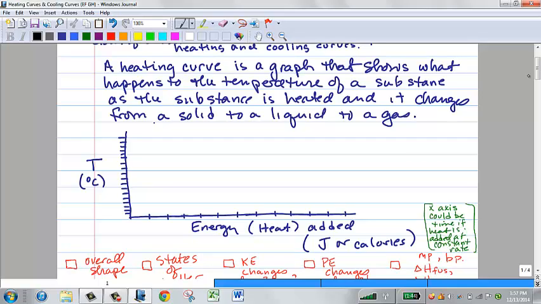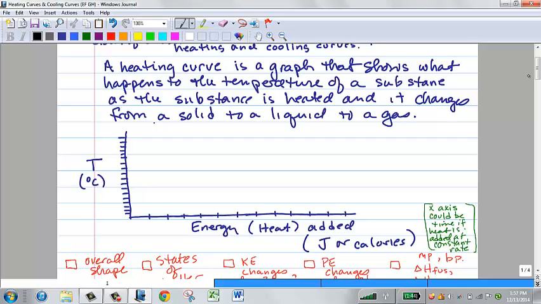You could also measure in degrees Fahrenheit, although that's not typical. And energy added is the independent variable, and you would measure the amount of energy added in metric units of joules or kilojoules, or sometimes in chemistry we still use calories.